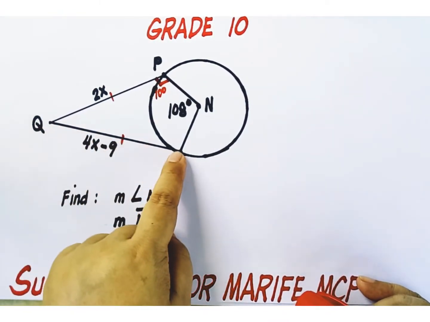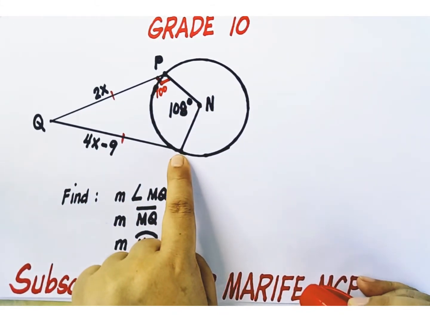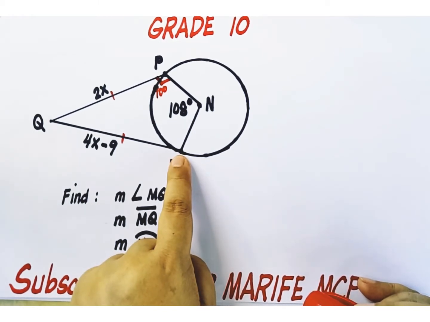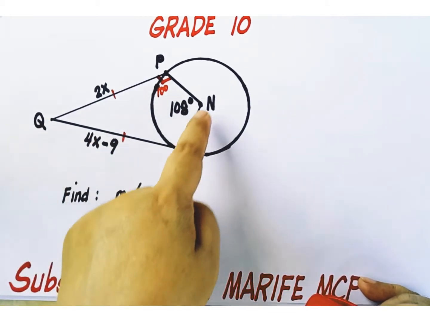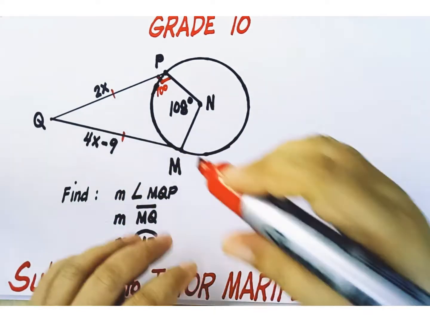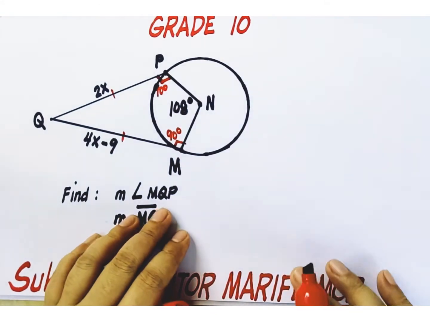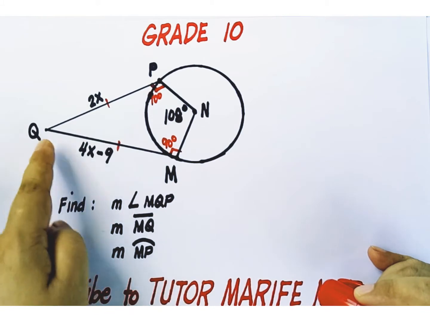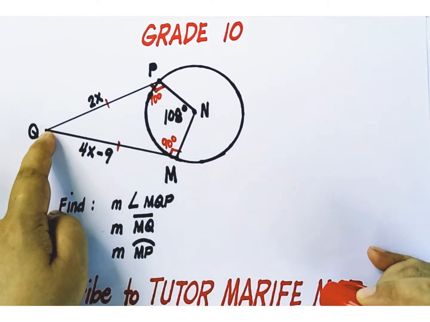This tangent segment and this radius join at the point of tangency, at point M. Therefore, the angle formed by the tangent segment and this radius is also equal to 90 degrees. This is a quadrilateral. We have 4 sides, 1, 2, 3, 4.